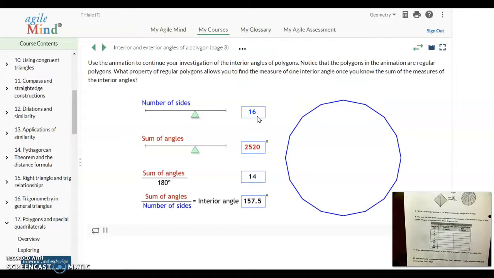So that's where that 2,520 came from. It's the n minus 2, number of sides minus 2, that tells you how many triangles, times 180. Then if we want to find out what each interior angle is, we simply take that sum and divide by the number of sides. So 2,520 divided by 16 is the interior angle for each one of those.